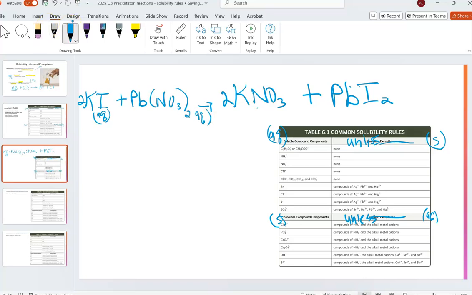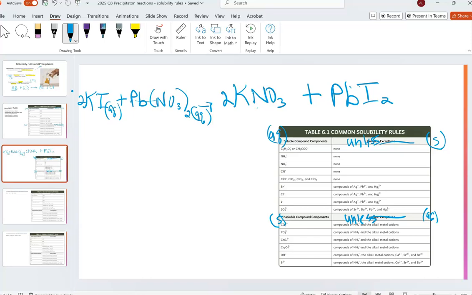This guy is aqueous. I'm going to erase this, put it where it should be, and this guy is aqueous. So right now we're saying aqueous potassium iodide combined with aqueous lead 2 nitrate will form potassium nitrate and lead 2 iodide. My question is this: which of these two substances actually made that yellow solid, or which one precipitated out?